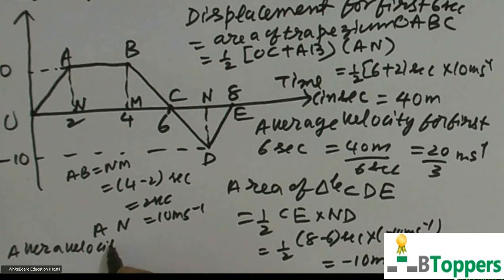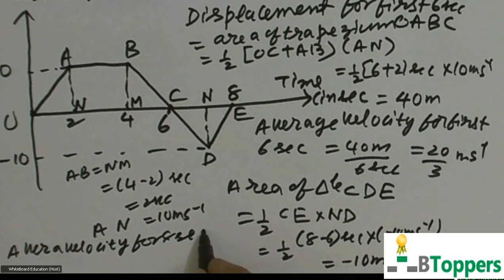Then average velocity for first 8 seconds. Net displacement for 8 seconds will be 40 meter minus the 10 meter, by time interval, 8 seconds.